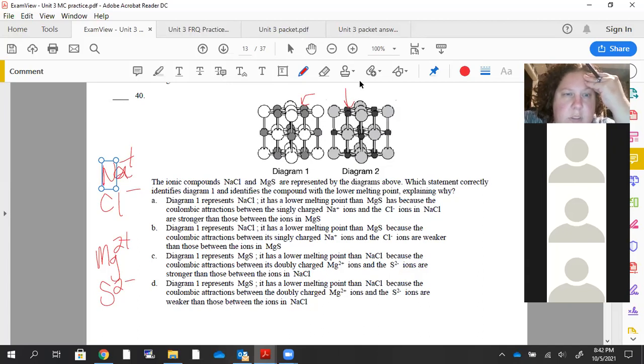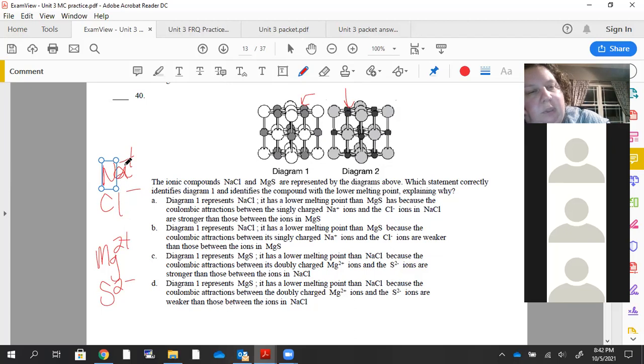So it says diagram 1 represents sodium chloride. It would have a lower melting point. Well, let's figure out melting point first, because that might help us narrow this down. So melting point is controlled by strength of the forces holding everything together. So in this case, it's the ionic forces holding everything together.